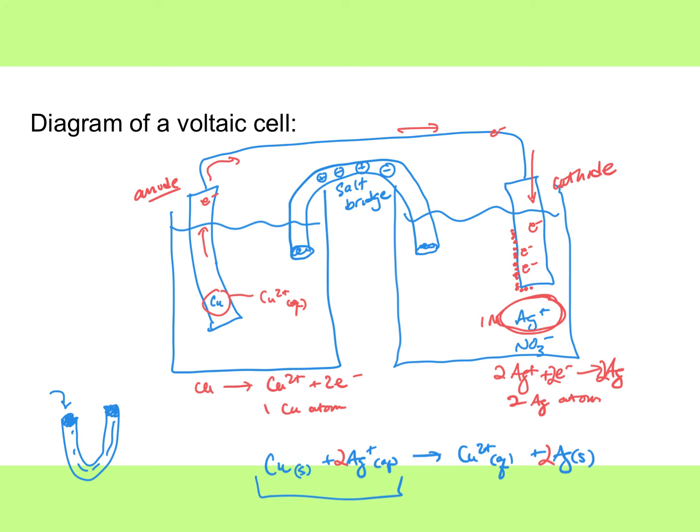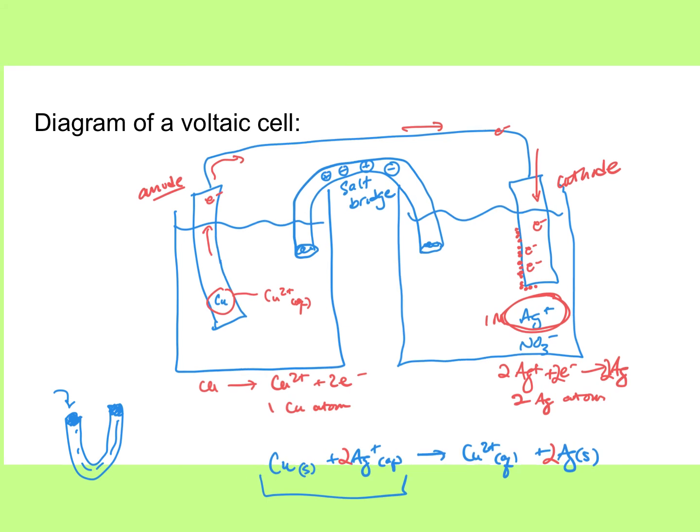One last piece here. Since I am producing positive ions in my compartment here, the solution in the left-hand cell, half cell, would get increasingly positive. And so what happens is negative ions from the salt bridge flow in to cancel or balance the charge of the positive copper ions that are being made.